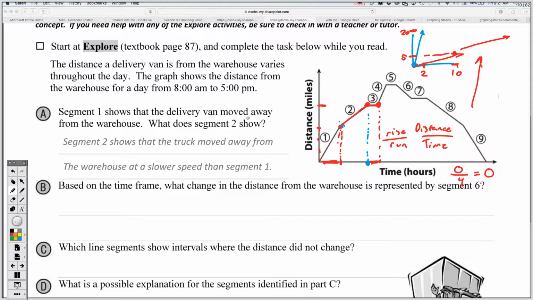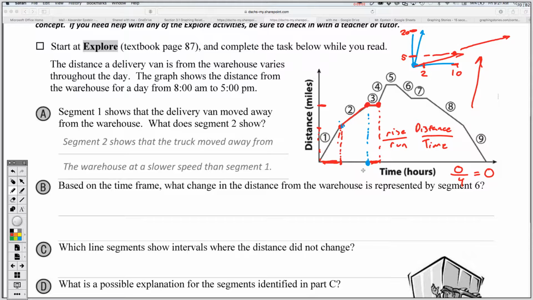How much did the van move? So how much did the van move from here to here? What do you think? Okay, let's put some actual numbers on this.